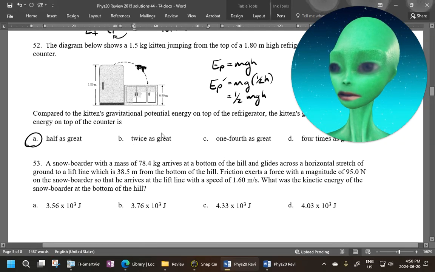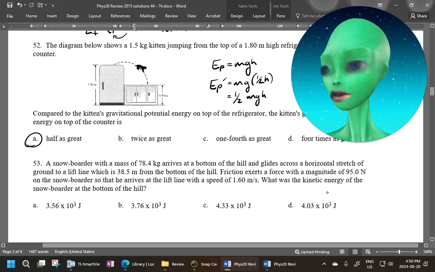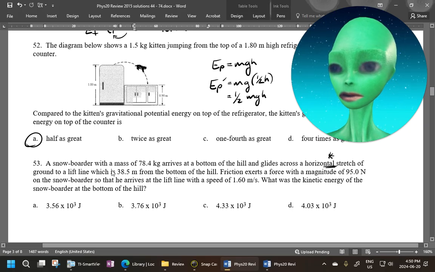A snowboarder with a mass arrives at the bottom of a hill, glides across a horizontal stretch of ground, which is 38.5 meters from the bottom of the hill. Friction exerts a force, so that it arrives at the lift line at a speed of what?